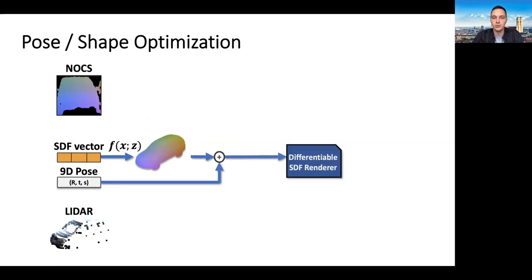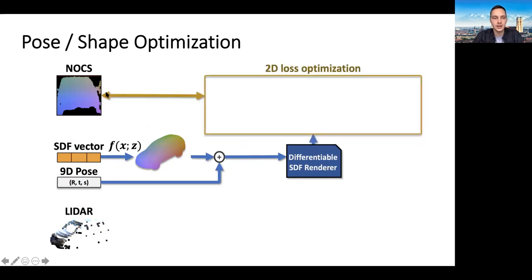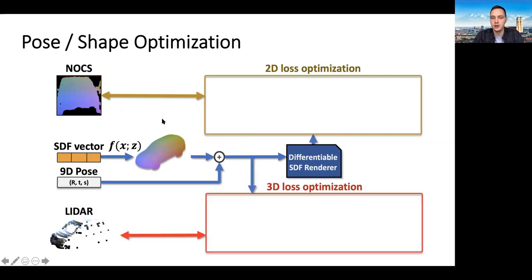And now we do two things. First, we feed it to the differentiable SDF renderer to get an image of it. And since we already have the output of the network, we can optimize it towards this output of the network. And yeah, you'll see how it works.